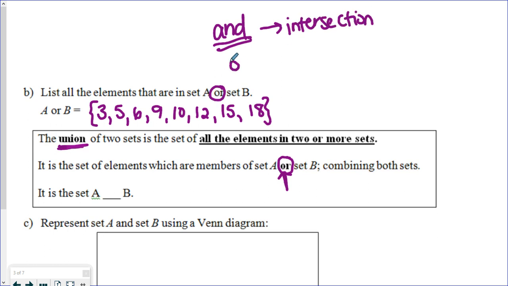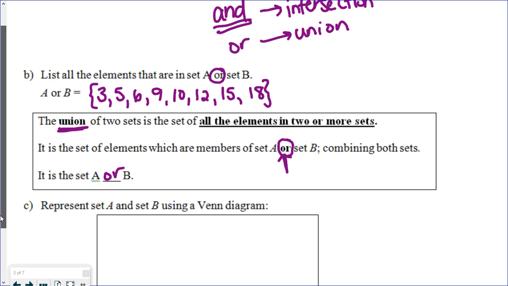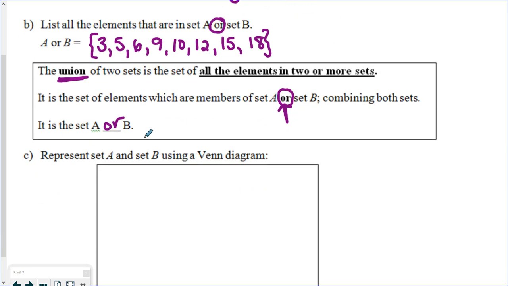When we see the word or, we're talking about the union. So it is the set A or B. And again, anything in common, represented by the intersection, only needs to be represented once.